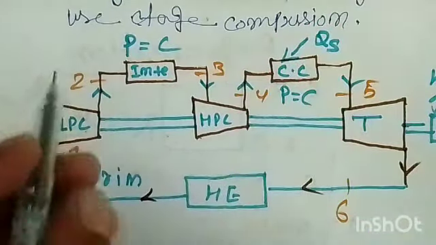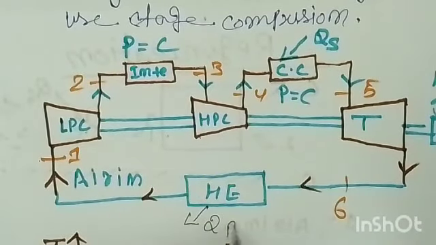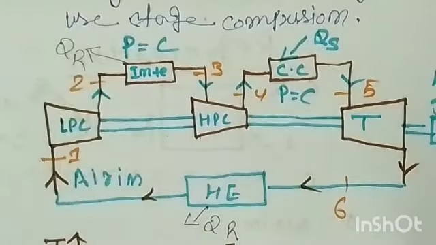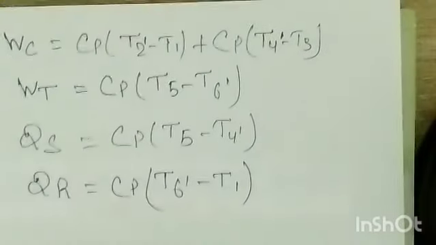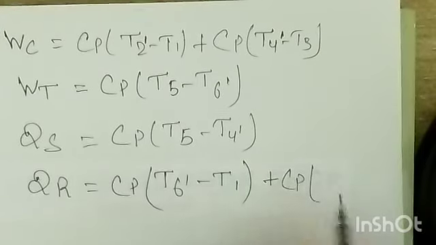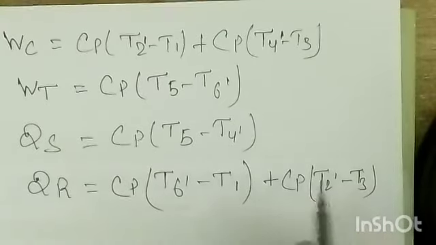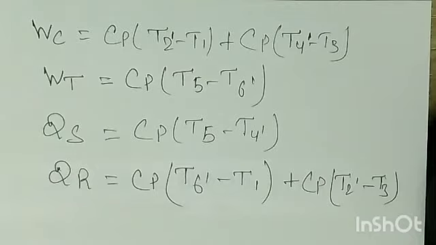So the intercooler is nothing but where the heat is rejected. So here also you can show, this is also heat rejection and this is also heat rejection. The intercooler's purpose is only heat rejecting, right? So two ways you are rejecting the heat, that is Cp (T6 minus T6 dash) plus (T6 dash minus T1) plus Cp (T2 dash minus T3). Okay, so this is the work and heat supplied and heat rejection for the intercooling, right?